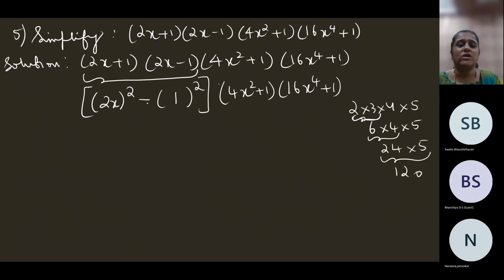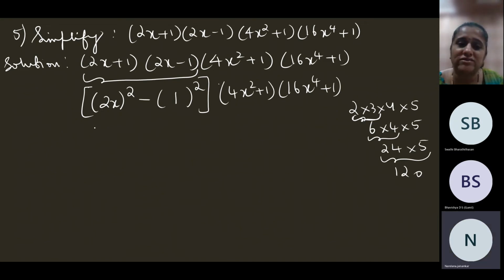Very good. Now, what is the simplification here? Ma'am, (2x) whole power square is 2 square x square, ma'am. Yeah, 2 square x square. What's the answer? What is 2 square x square? What is 2x into 2x? 4x, ma'am. What is 2x into 2x? 2 into 2 is 4.